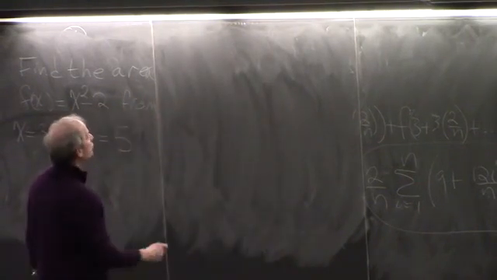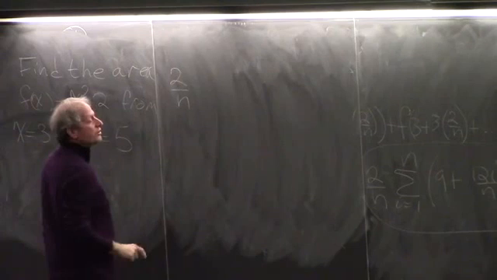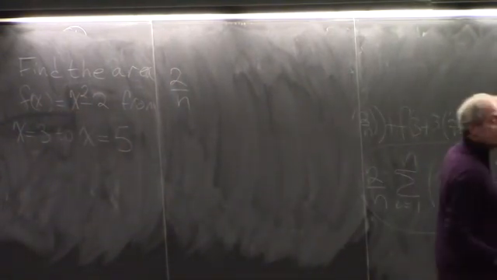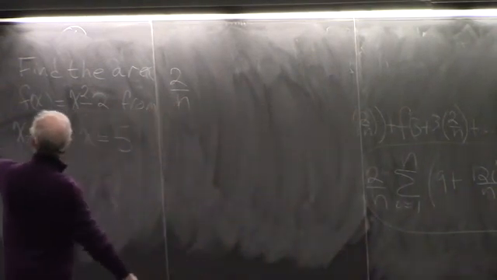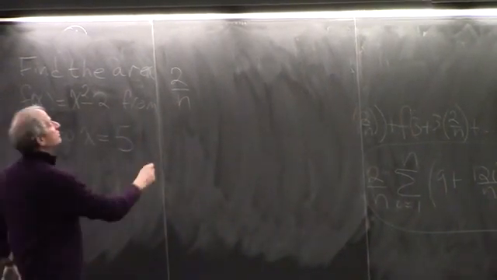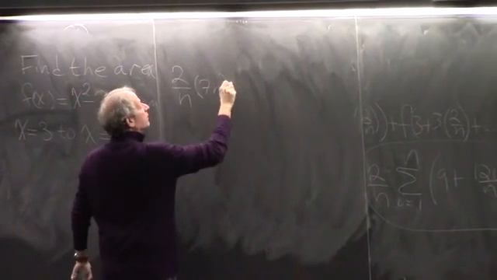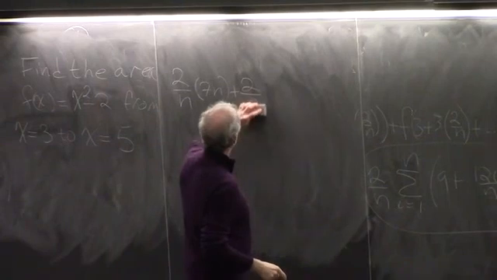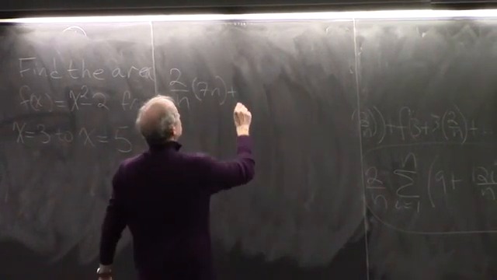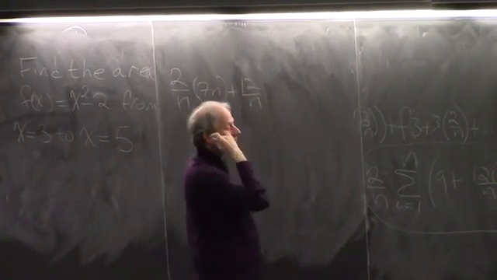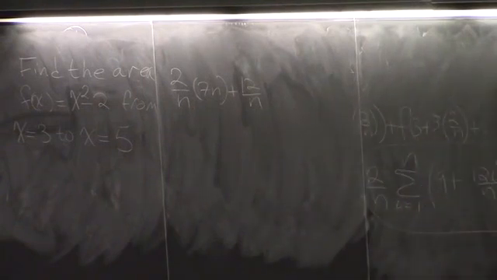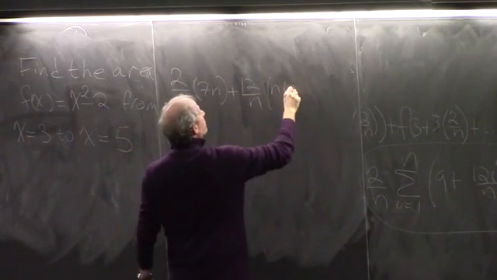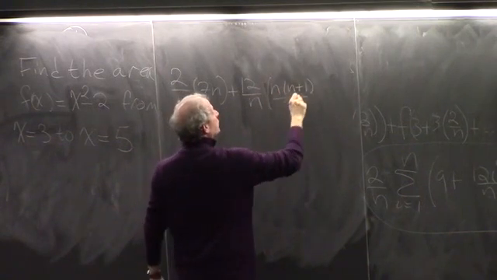Okay, this is 2 over n. Now I can use my formula. This is just a constant, 7. So when I multiply that out, I get the constant times n, so that's 7n. Next one, I have 12 over n. And the sum from i equals 1 to n of i is just n times n plus 1 over 2.